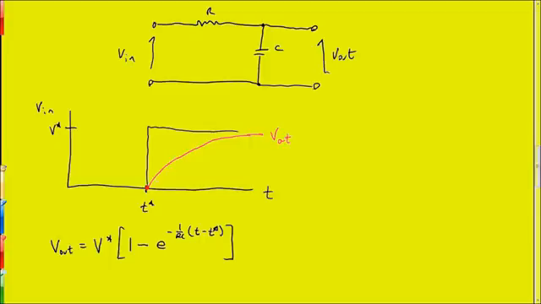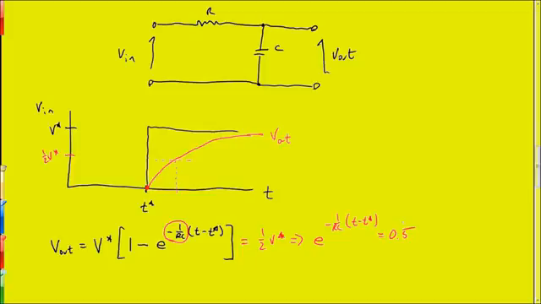The rate at which this curve approaches v star depends on this value here, 1 over RC. For example, if we wanted to see how long it took for v out to reach 1/2 of the input voltage, we could set v out equal to 1/2 v star. Doing a little bit of rearrangement, that means that e to the minus 1 over RC times the time difference is equal to 0.5.